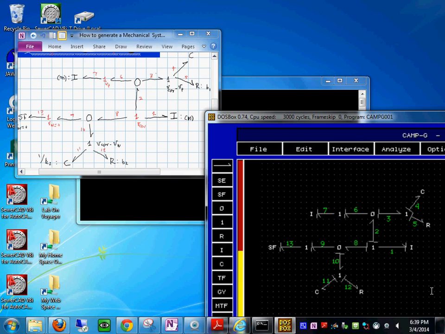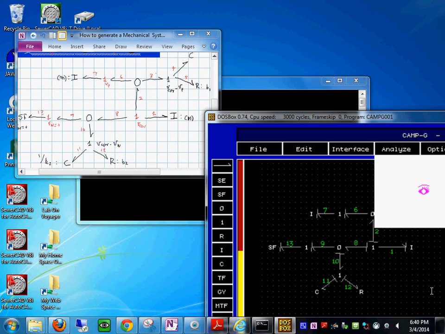Now we could have assigned the causality on this picture on the left and verify it with this. Or we can do the reverse. We can assign it now to verify what CAMG did. So we can do both ways. But before we do that, I would say go to this part where it says block diagram.